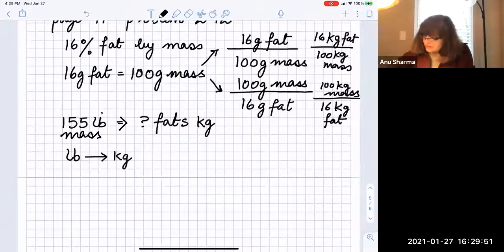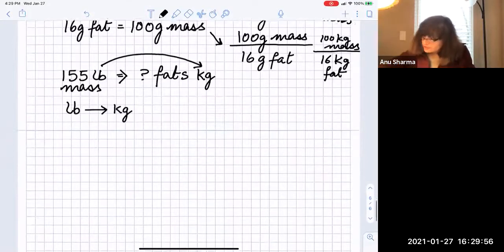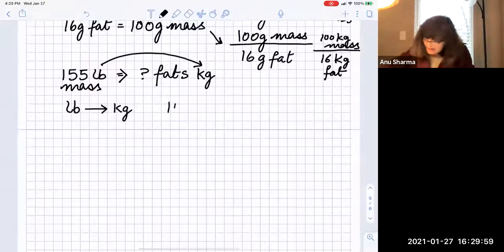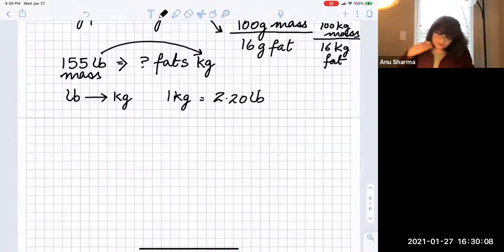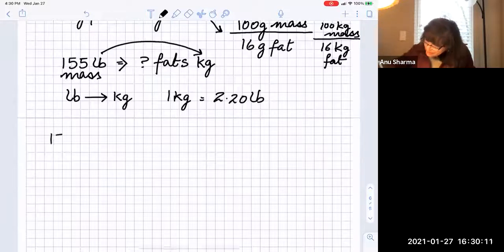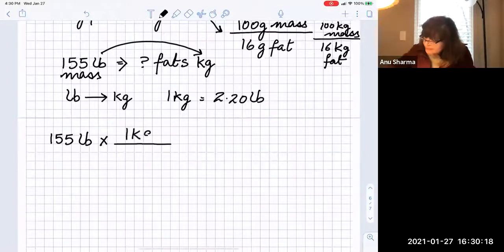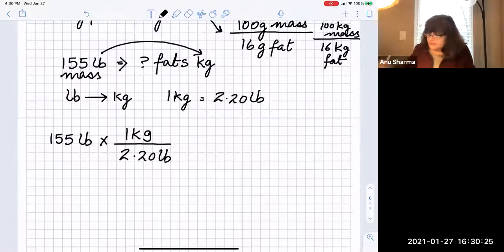Anyways, we need to convert pounds to kilograms first. The relationship known from the table is 1 kilogram is equal to 2.20 pounds. So let's first convert 155 pounds into kilograms. That converts the pounds to kilograms.